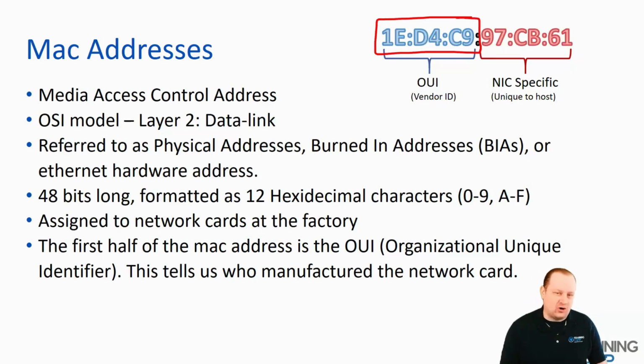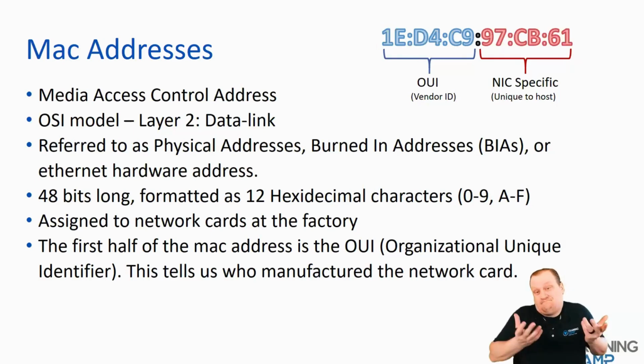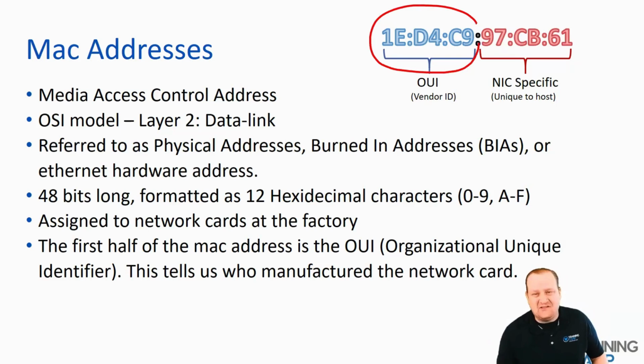They're the vendor. And you can actually look these up on the internet. Say MAC address 1E D4C9, and go, made by Dell, made by Intel, made by Cisco. That's kind of cool. So who made it is actually the first half of the MAC address.